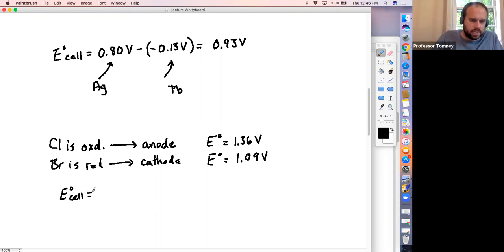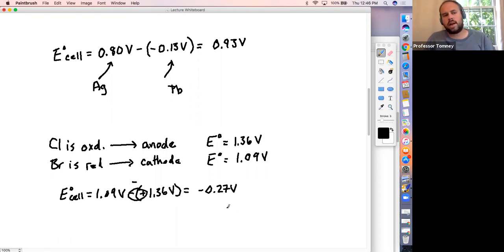So standardized E cell is going to be the cathode, 1.09 volts, minus 1.36 volts. So that's just going to turn out to be a minus when I calculate that. So you put that together and you end up with negative 0.27 volts, right?